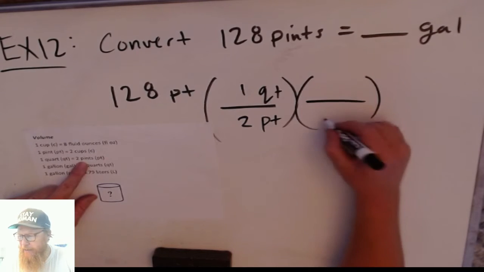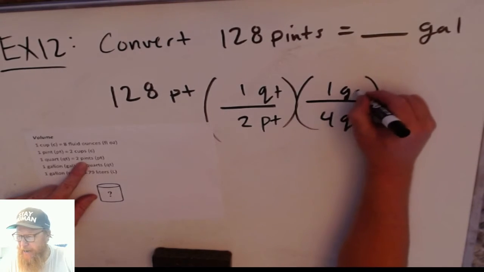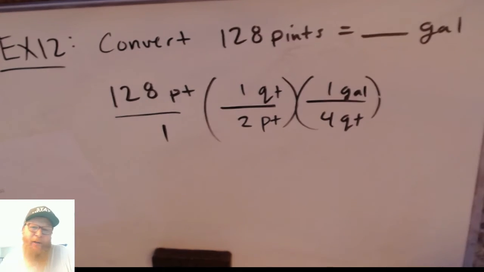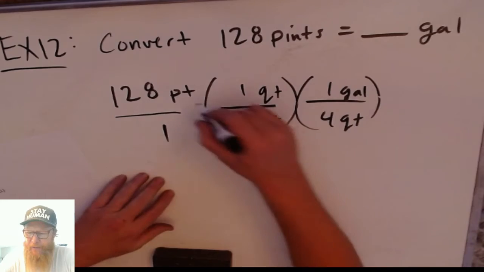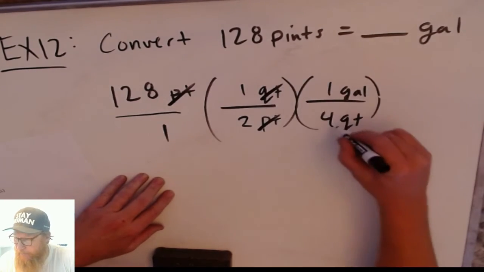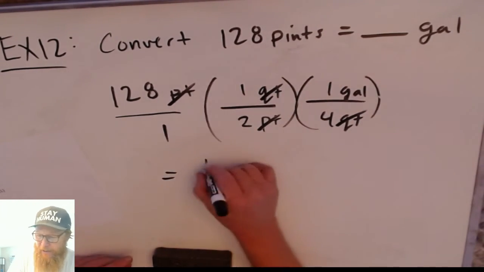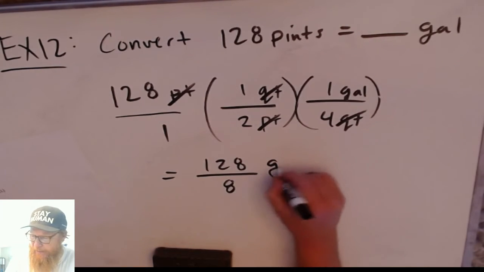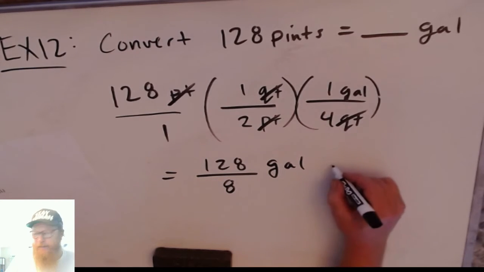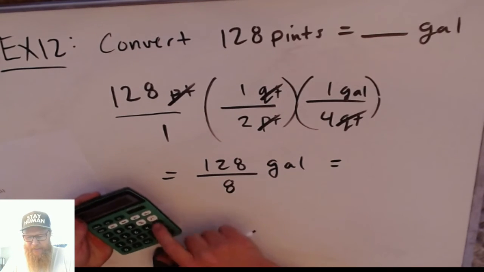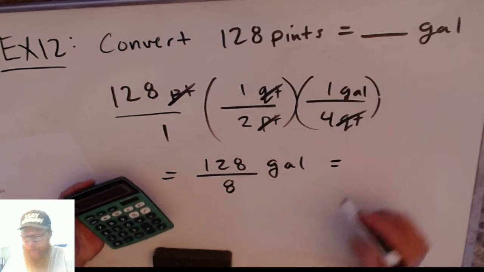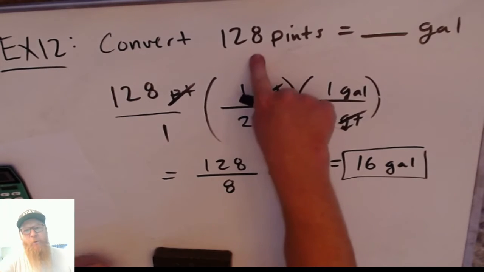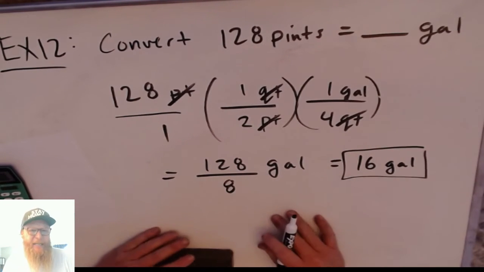And I know that 4 quarts is 1 gallon. Basically the same question we just did. So you're going to cross off the pints, cross off the quarts, multiply straight across, multiply across the bottom, and that will be your answer in gallons. Most of these non-metric system ones come out exactly. So 128 pints is 16 gallons.